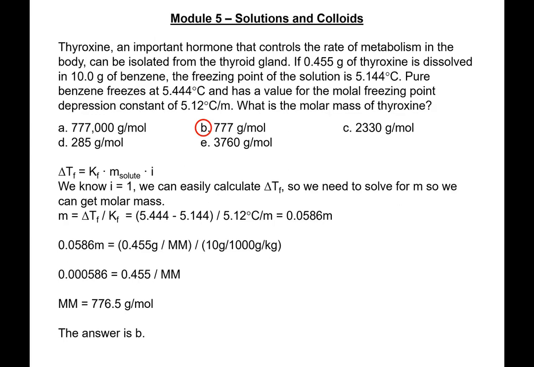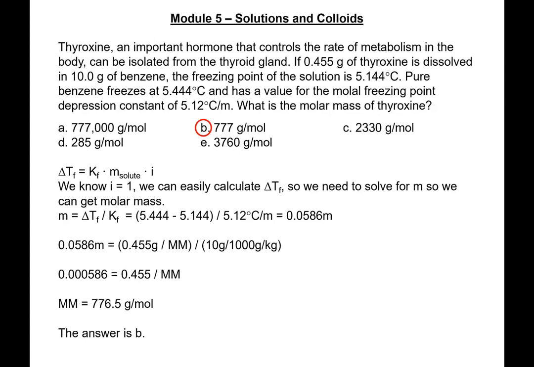This is a fairly involved problem, but it's not any more difficult because we just take the equation that we've got, we write out all of the component parts, and we find that we really only have one unknown. Everything else we know.